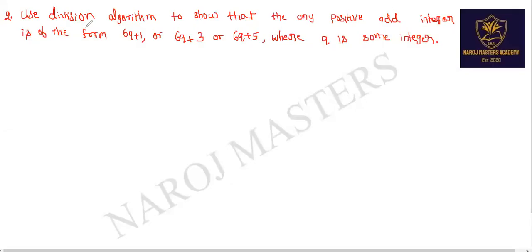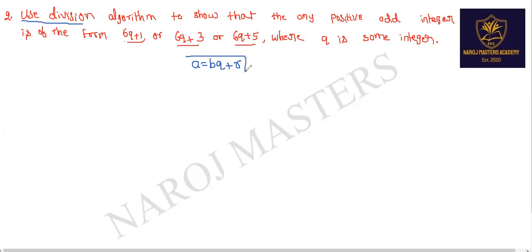Look at the second question. Use division algorithm to show that any positive odd integer is of the form 6q plus 1, 6q plus 3, or 6q plus 5, where q is some integer. Okay. Now use the division algorithm here. We know what the division algorithm is: A is equal to bq plus r.